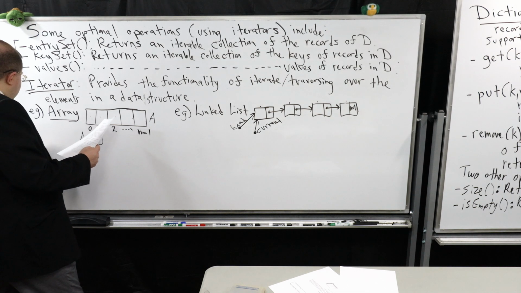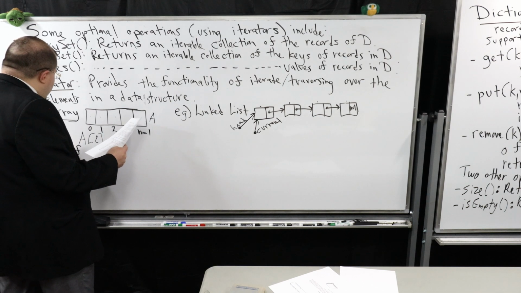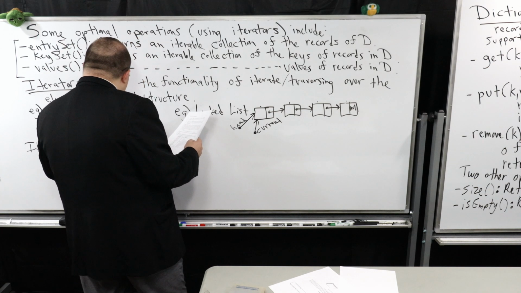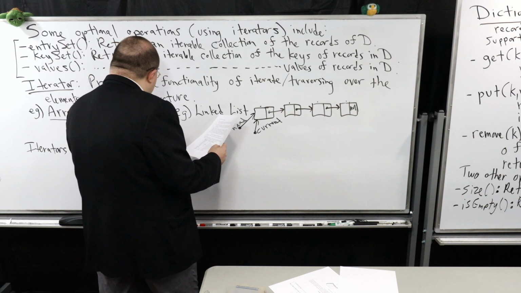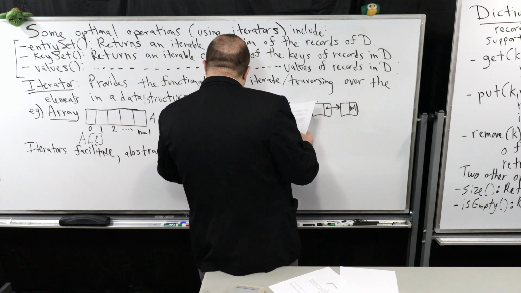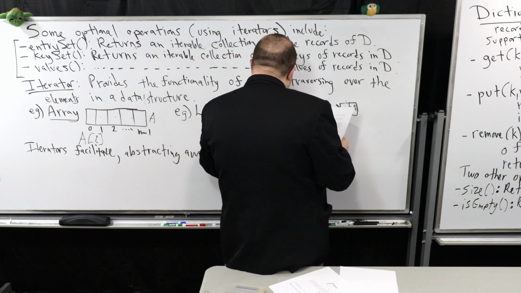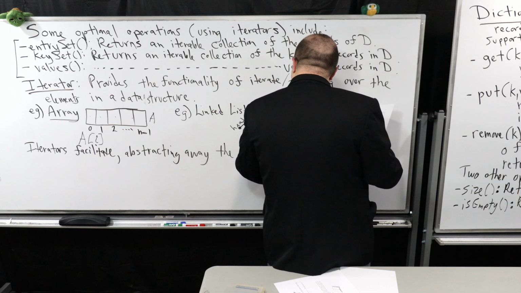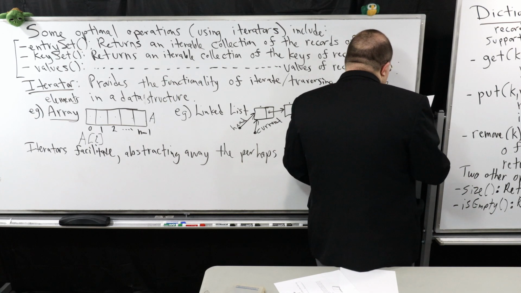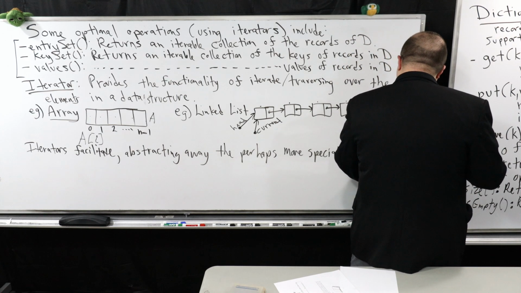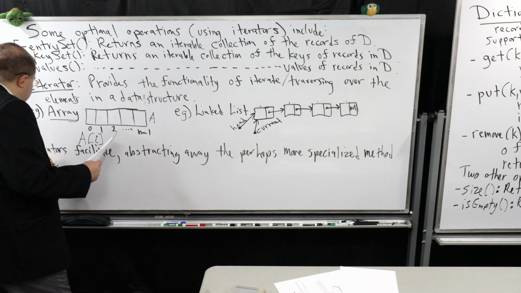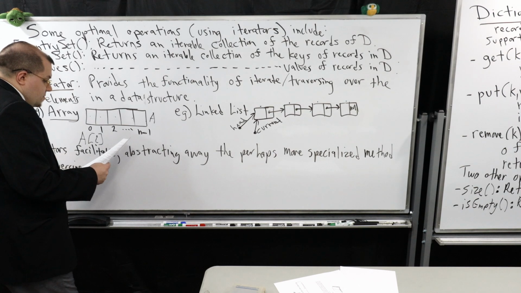So I'll say iterators facilitate abstracting away the perhaps more specialized method of traversing the data structure.